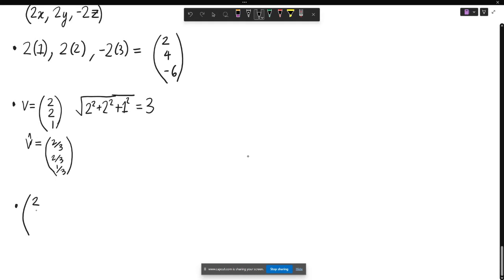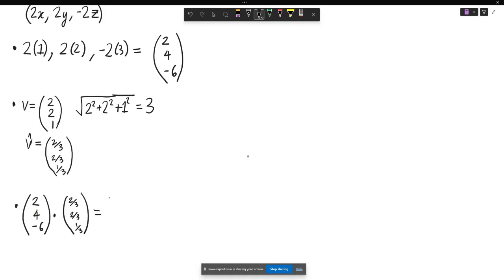We dot product 2, 4, and minus 6 with our unit vector, 2 third, 2 third, 1 third. Has anyone done this on their calculator? It's 12 minus 6 is 6 over 3, which is equal to 2. All right, Shay's put that down there.